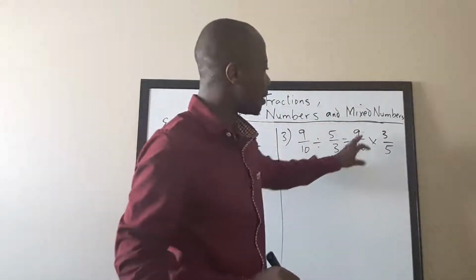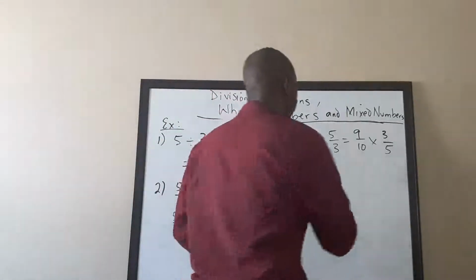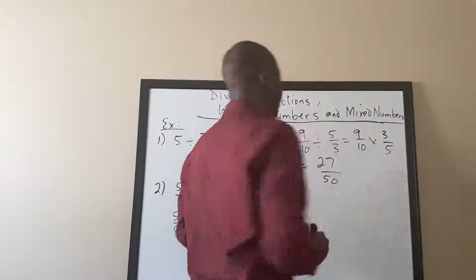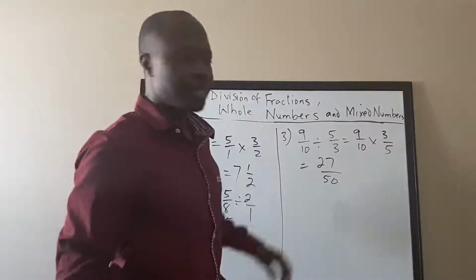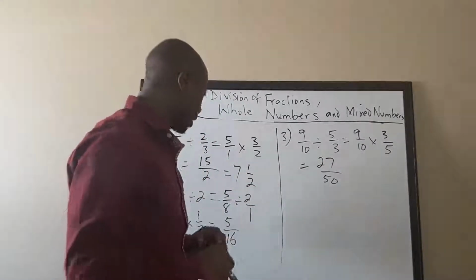There is nothing we can cancel out here, so we can't reduce. We multiply everything out. 9 times 3 is 27, 10 times 5 is 50. There is nothing else we can do here, so we just leave that as is.